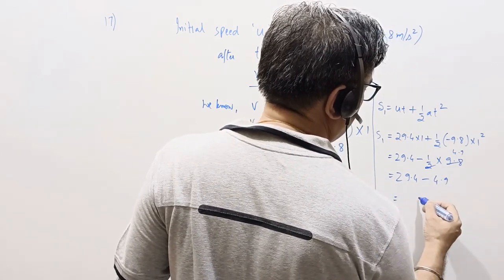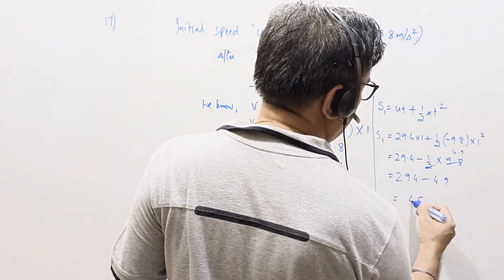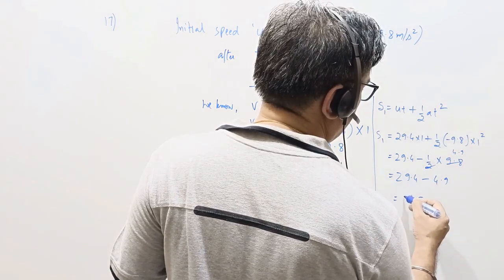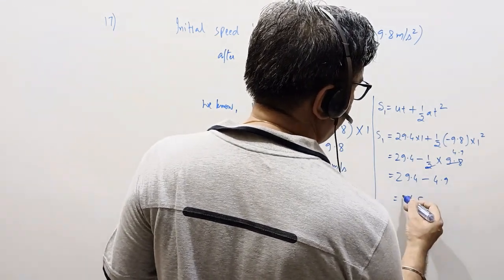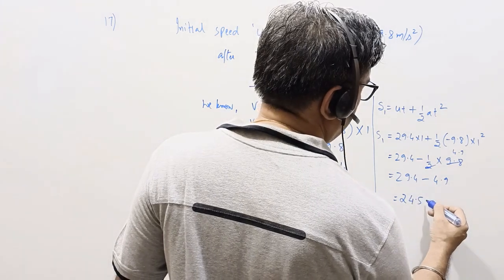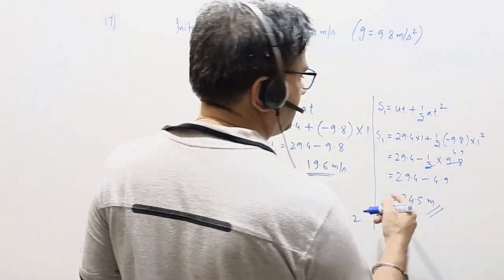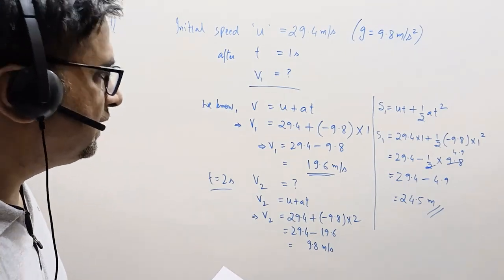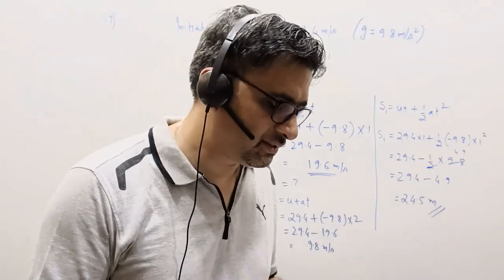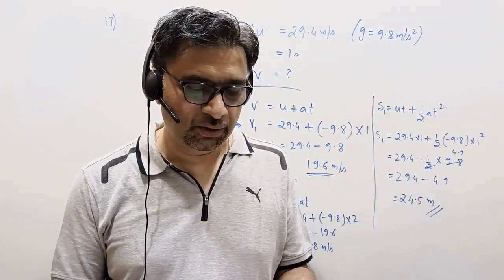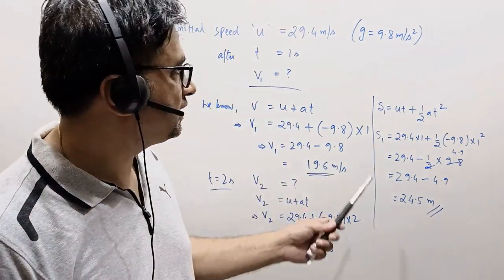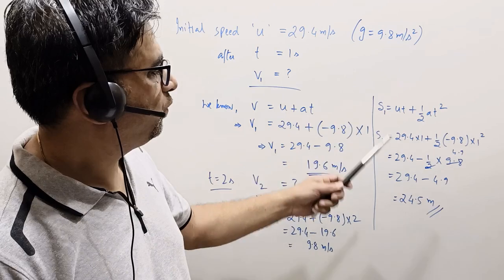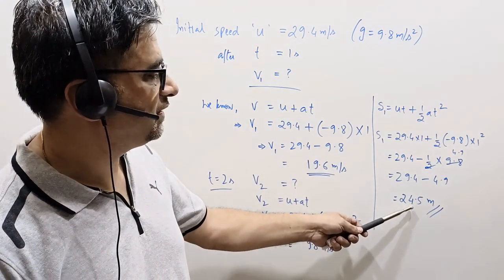Have I made some mistake? Yes, I have. It is 24.5 meters. That's going to be the distance attained by this object after 1 second. If it was thrown with this velocity, after 1 second, it would have risen to this height.